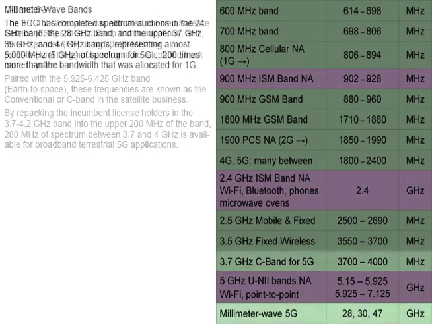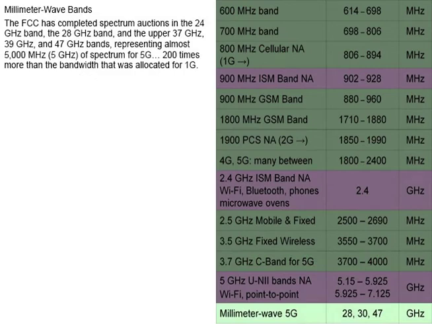In the US, the FCC has completed spectrum auctions in the 24 GHz band, the 28 GHz band, and the upper 37 GHz, 39, and 47 GHz bands, representing almost 5,000 MHz of spectrum for 5G, 200 times more than the bandwidth that was allocated for 1G.